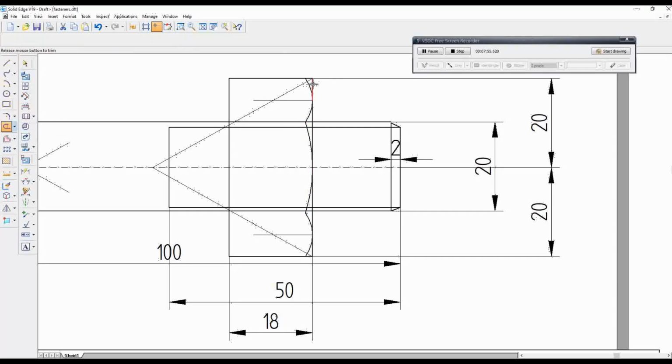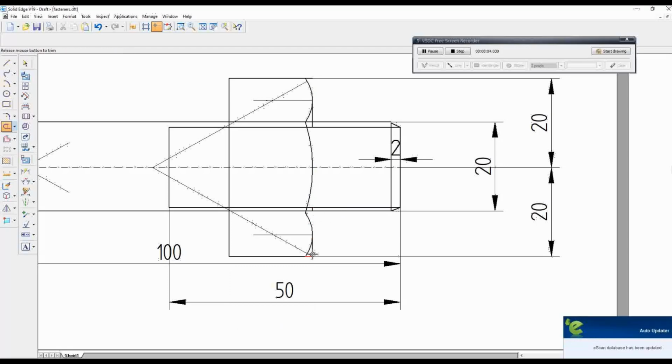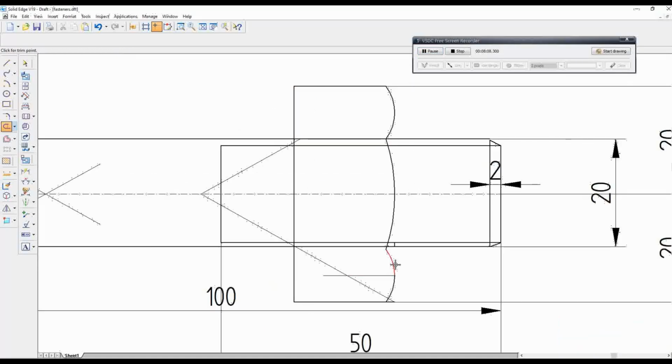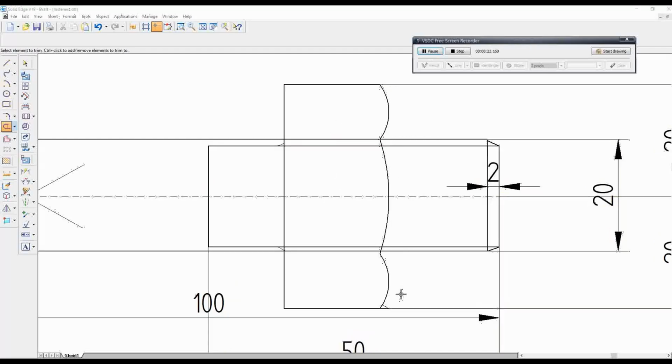Trim these unwanted portions. I don't want this. Now I have removed the unwanted lines here.